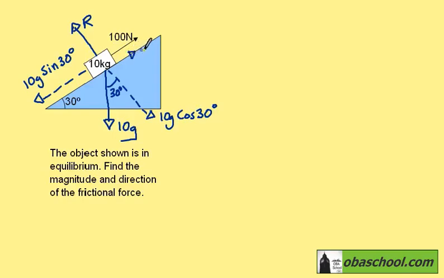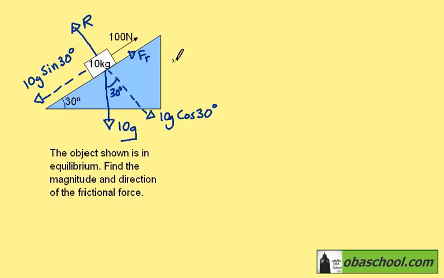The frictional force I will place here acting up the slope, but if it actually acts down the slope, we'll just get a negative answer. So actually putting the friction on the diagram in the correct direction is not really important.